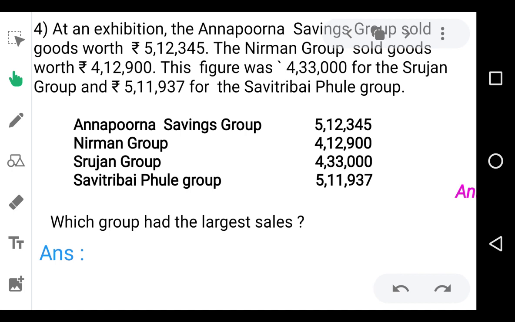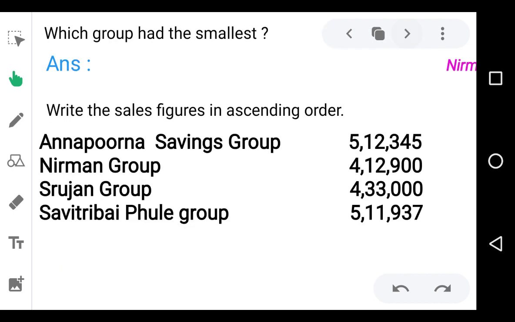See, the first question is which group had the largest sale. So you have to find out which group had the largest sale. For that you have to compare these figures and find out which figure is bigger. Now see the second, which group had the smallest sale.